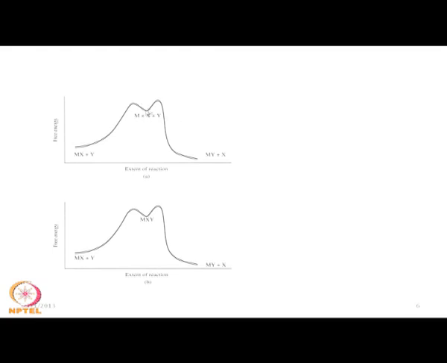This stabilized point, that means the dissociated form, has some stabilization, then it is reacting with Y forming the product which is ML5Y.